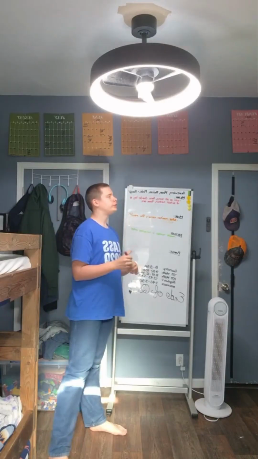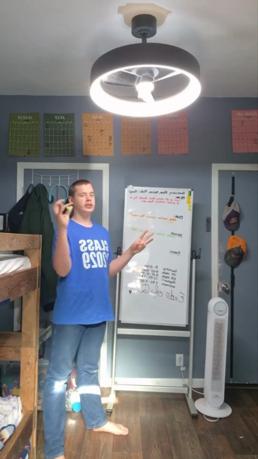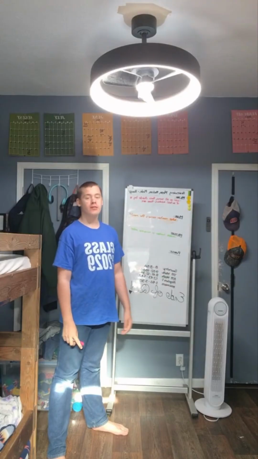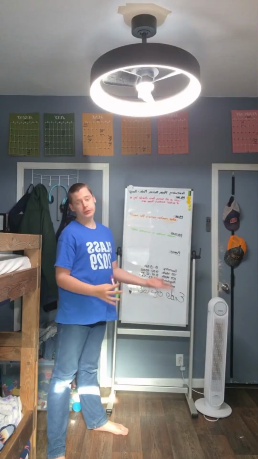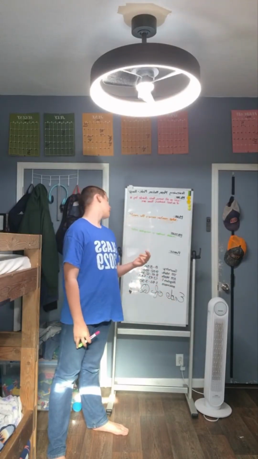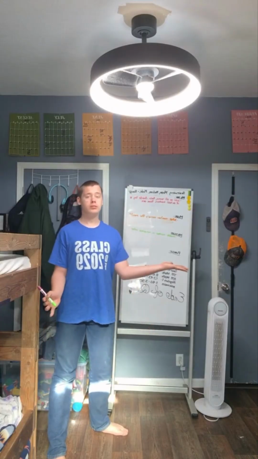So let's just say there are three numbers, 10, 49, and 55. 49 is the median number, or the middle number in numerical order. Okay?